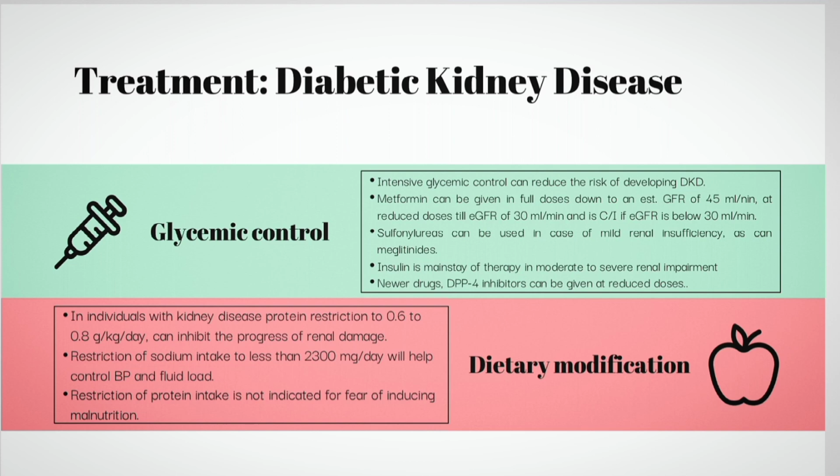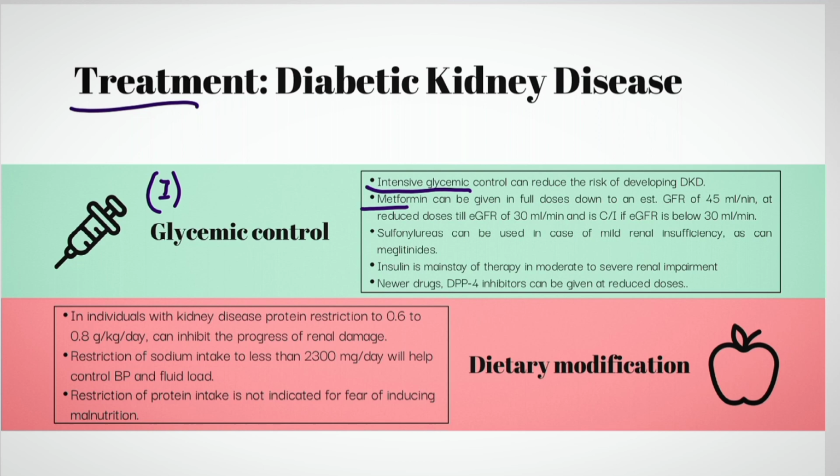Coming to the treatment for this diabetic kidney disease, the first method of treatment is glycemic control. It is found that intensive glycemic control can reduce the risk of development of diabetic kidney disease. The prescription of metformin depends upon the level of eGFR.